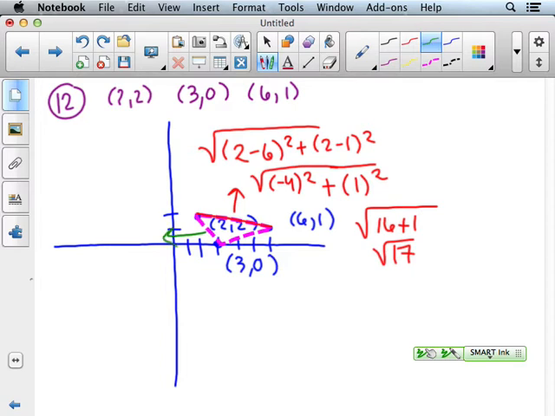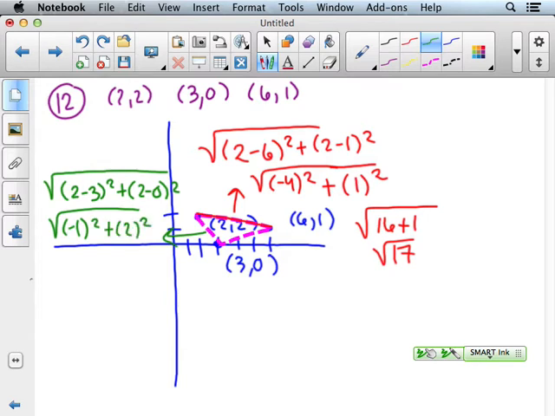This side, square root of, we'll have 2 minus 3 squared plus 2 minus 0 squared, which is negative 1 squared plus 2 squared. Negative 1 squared is positive 1 plus 4, so we get square root 5 for this length here.